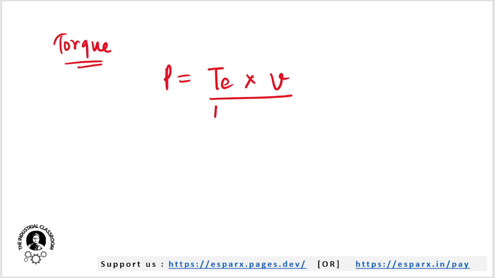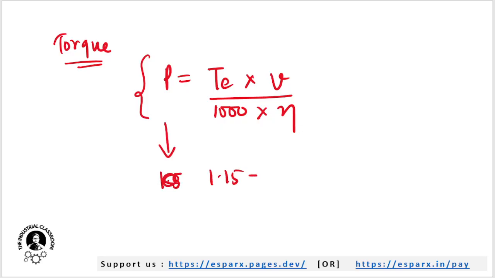Also remember that speed isn't everything. An important factor is the torque. Whenever we calculate, P is equal to effective tension into linear velocity divided by 1000 into N. This power is multiplied by 1.15 to 1.2.